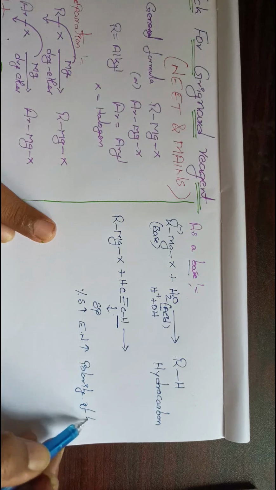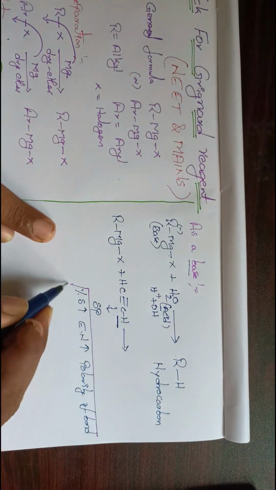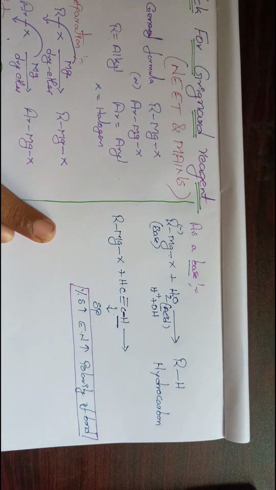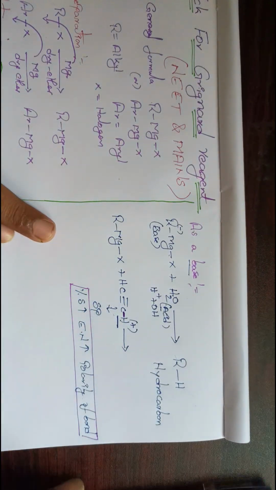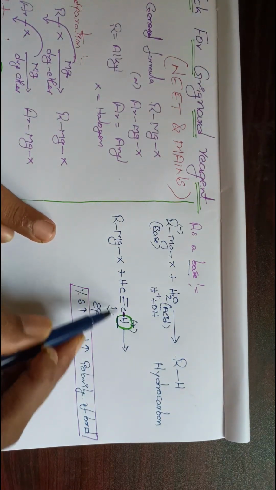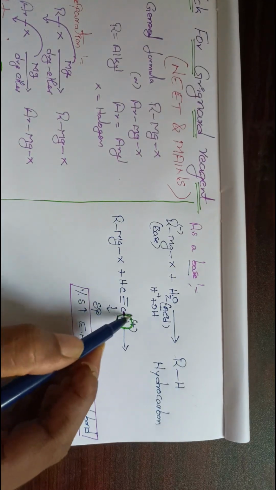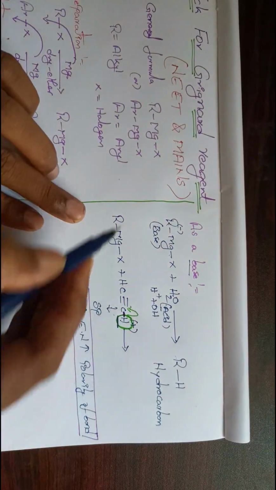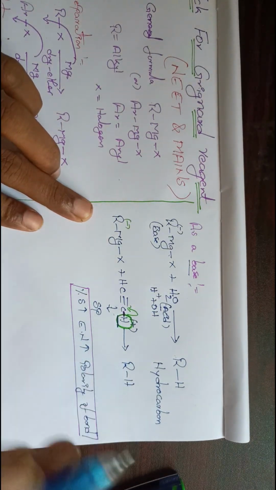So in the alkyne, the bond between carbon and hydrogen is more polar because carbon is more electronegative, attracting the electrons towards itself, and hydrogen leaves as H plus ion. So this hydrogen in terminal alkynes is acidic in nature. Here the carbon has negative charge. What is generated here? RH, hydrocarbon.